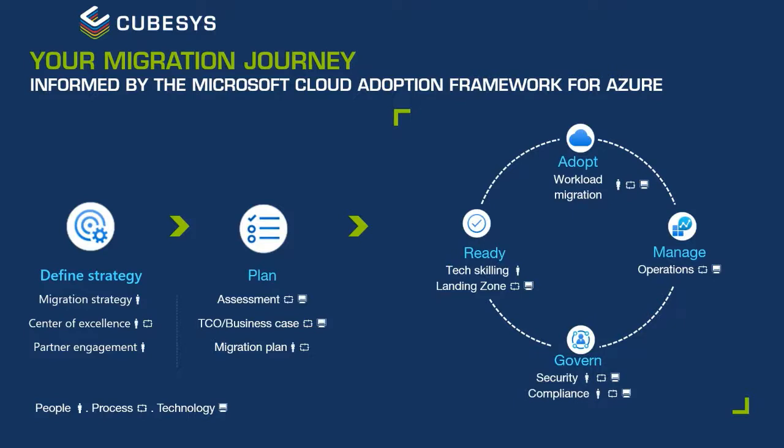So using this wave effect of looking at your readiness, so looking at your tech skilling and creating a landing zone for that environment. You're adopting it by doing your migration, and then you're looking at the management of it through operations. And then you've always got that component of governance and your security and your compliance.